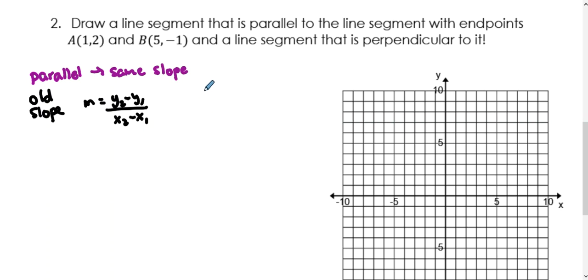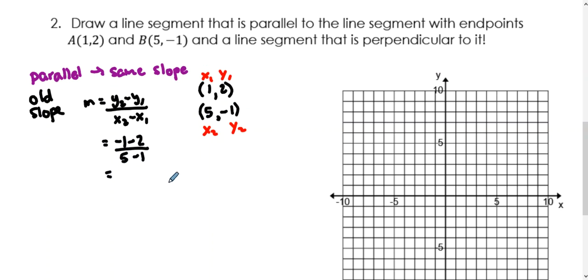Sometimes it helps if you don't like how these points are written to put x1, y1, x2, y2, so it catches you when you sub it in. Okay, so y2 is -1 minus 2, and then 5 minus 1.